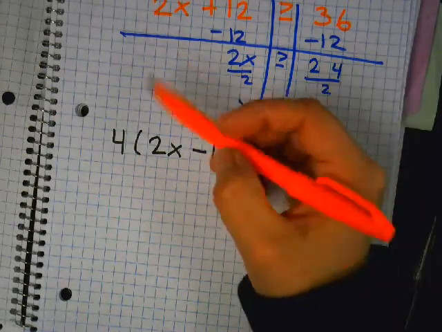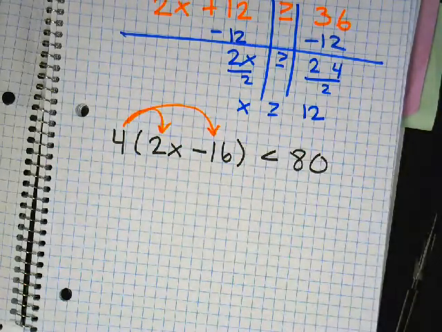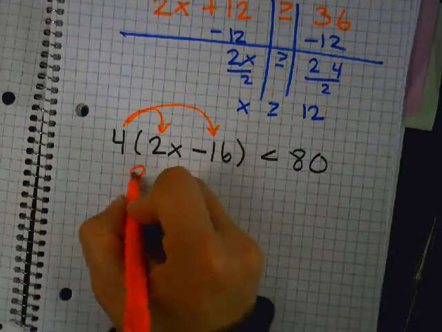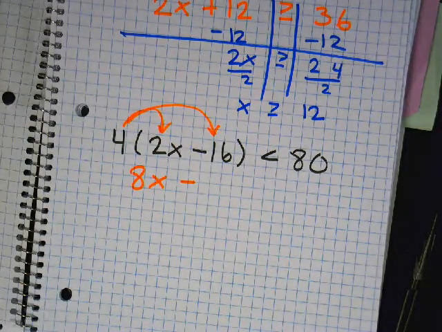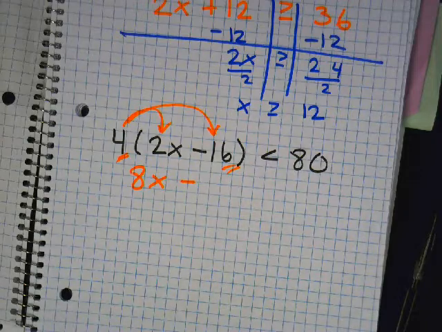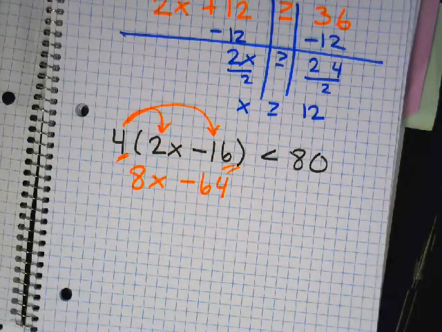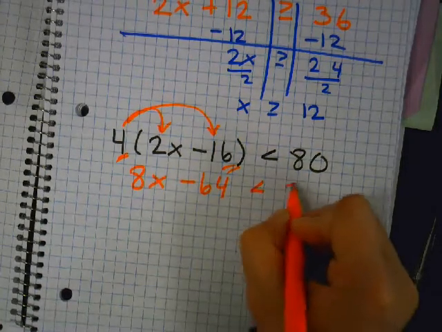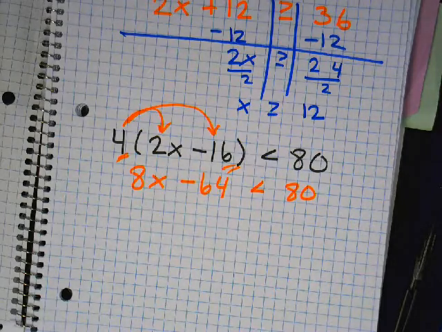Distribute. We're going to distribute the 4 to the inside. 8x minus, oh, we got to do the math. Keep change flip? No, not yet. We're going to do 4 times 16. That's 64. Then less than 80, okay? We don't want to do a keep change opposite or anything like that because we're moving things around.